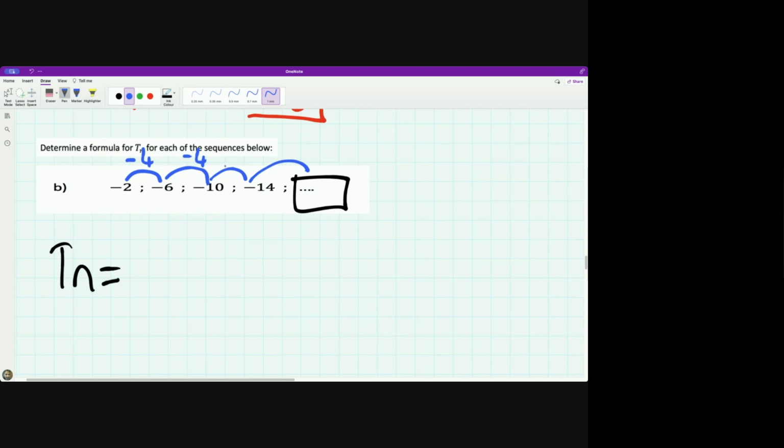Taking away 4. Taking away 4. I guess I should take away 4 again, which gives me minus 18. Okay, but now how do I apply this to make a formula? I'll give you more time for that. What formula do you think we're going to need?